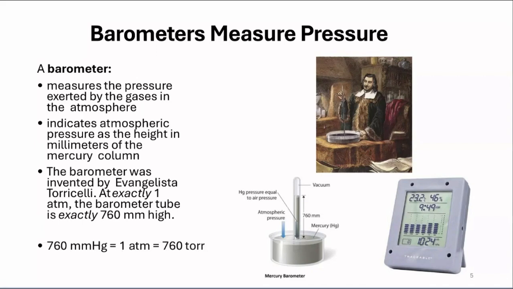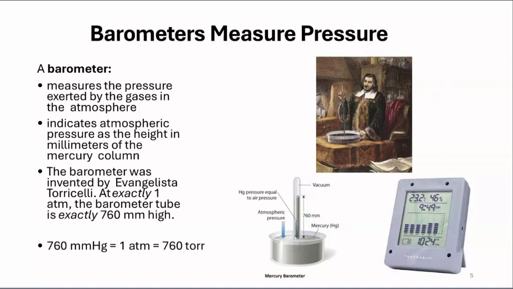Now, when it comes to barometers, the barometer was invented by Evangelista Torricelli, and you can see an image of the scientist on the right side of the slide. The barometer that he created had a column, as we can see here, that had mercury.